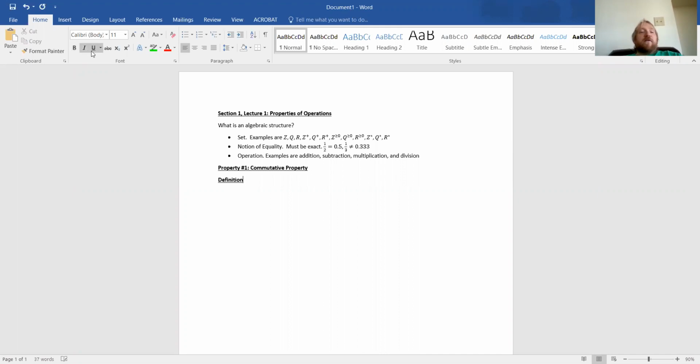Now, since this is our first definition of the course, I will say a word about definitions. It is very important in abstract algebra that you memorize your definitions on the day you learn them. You will get 3 or 4 definitions every class, so that will be well over 100 definitions over the course of the semester. You need to learn them the day that you get them, otherwise they will build up on you.